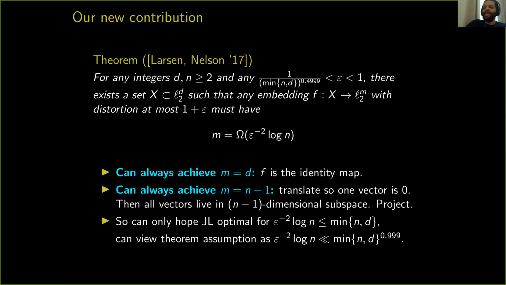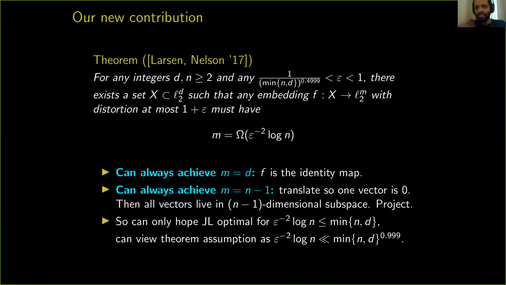So I can even embed in dimension n-1 with no distortion. So you're never going to be able to prove a lower bound better than the min of n and d. So if the JL bound (1/ε²) log n is bigger than the min of n and d, then it's not a valid lower bound.